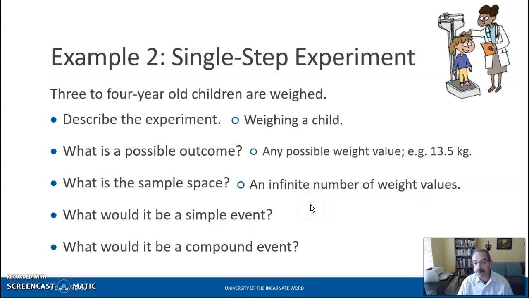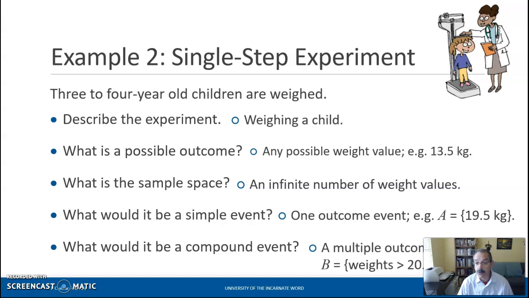What would be a simple event in this case? Well, it would be the weight that you obtain from weighing one child, let's say 19.5 kilograms. An example of a compound event, maybe all the weights above 20 kilograms. I think you agree with me that this contains many weights, because many children will be heavier than 20 kilograms. Again, I hope that these two examples help you to illustrate these definitions.